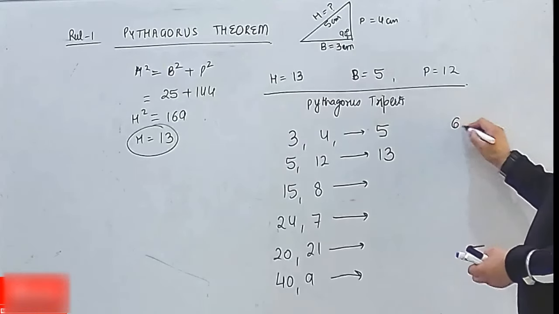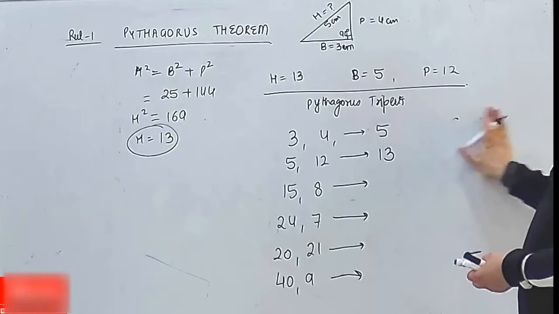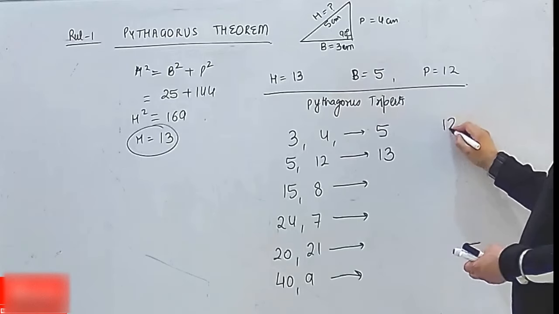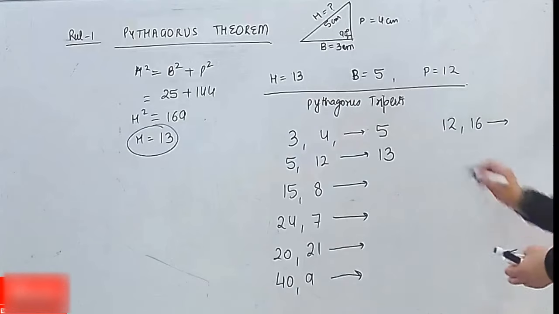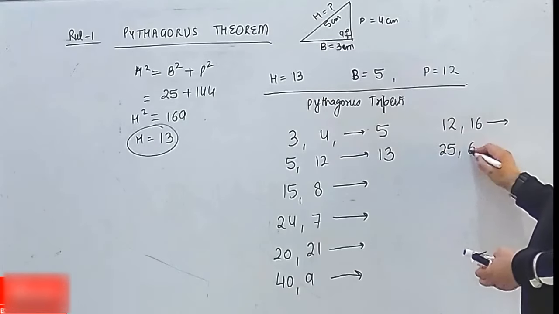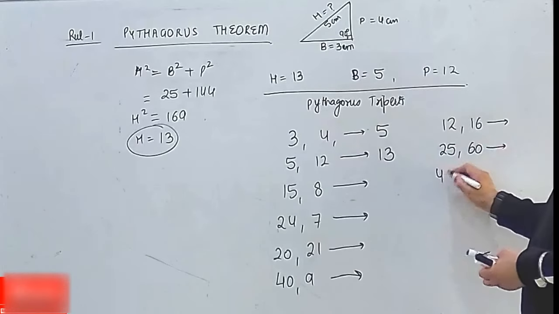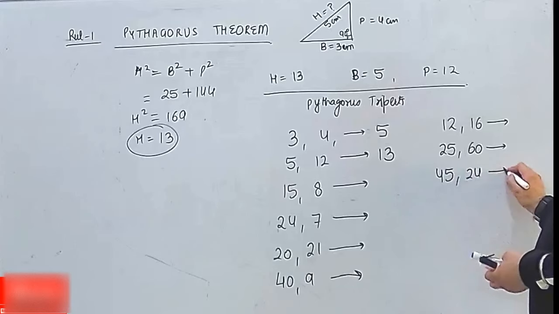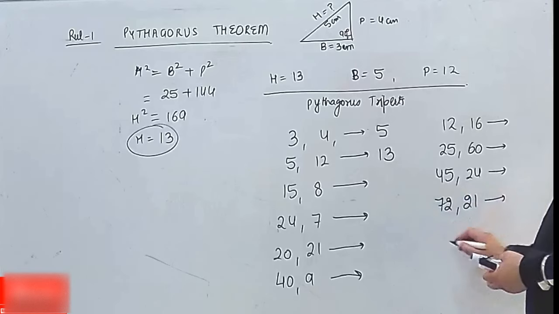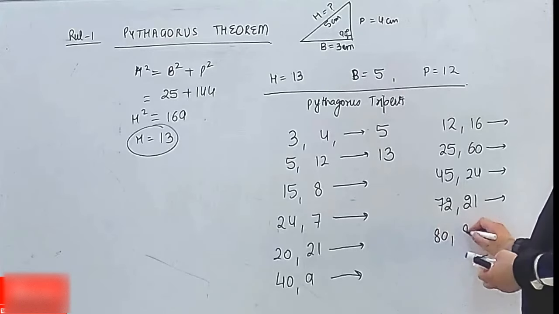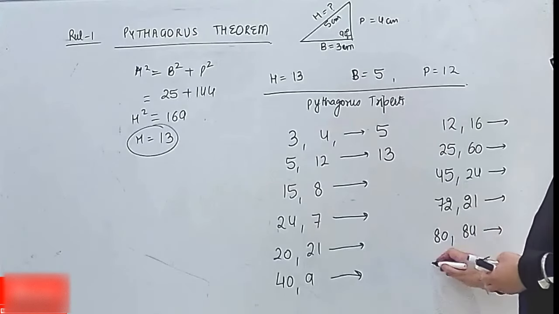And again here also, 6 and 8, or I'll give you 12 and 16 will form which value? 25 and 60 forms which value? 45 and 24 will form which value? 72 and 21 forms which value? 80 and 84 will be what?